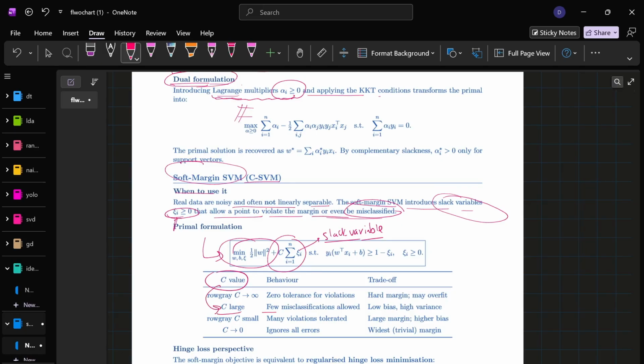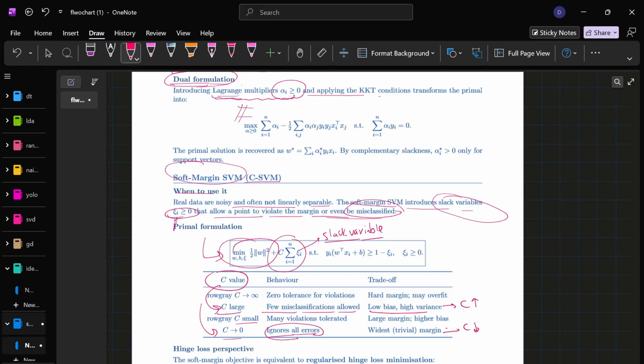If C is large, then SVM tries to avoid mistakes, the margin becomes smaller, and the model may overfit. But if C is small, then more mistakes are allowed, the margin becomes wider, and the model becomes more generalized. So large C means low bias and high variance, and small C means high bias and low variance.